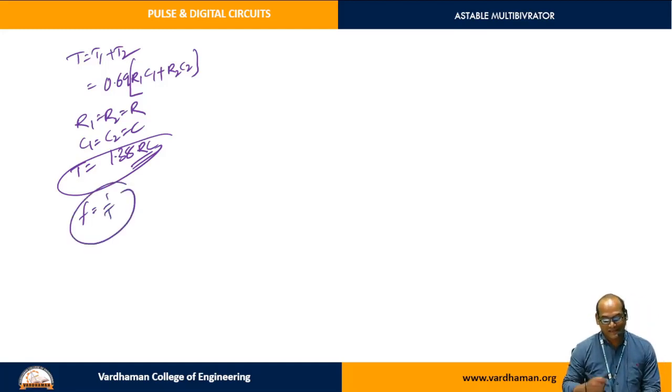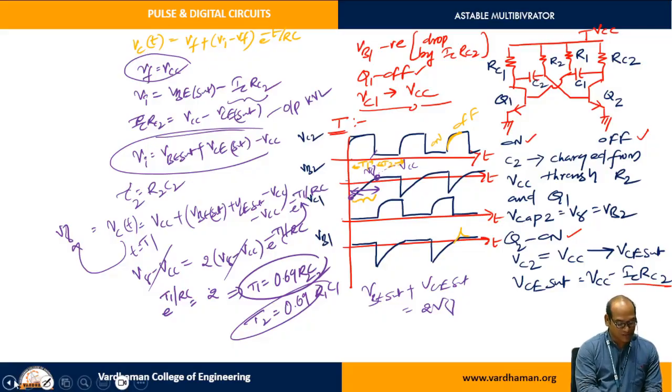Just getting this equation is not enough, you need to understand that equation. If you observe, the circuit involves 2 transistors, 2 capacitors, 4 resistors. Out of 4, 2 collector resistances are there and the remaining 2 resistors R1 and R2 are available at the bases of the 2 transistors.